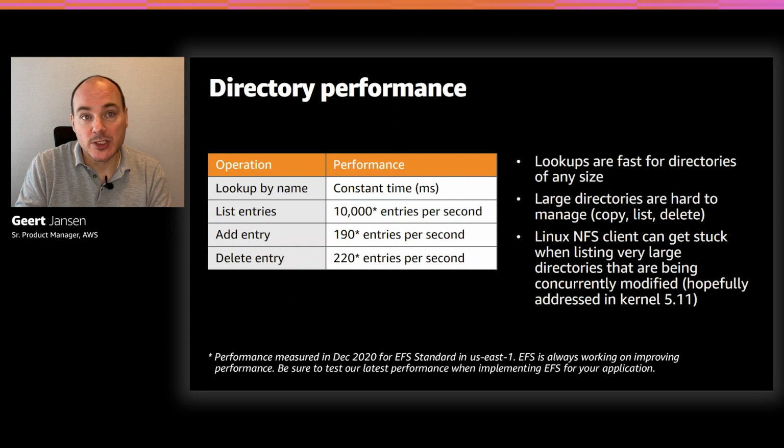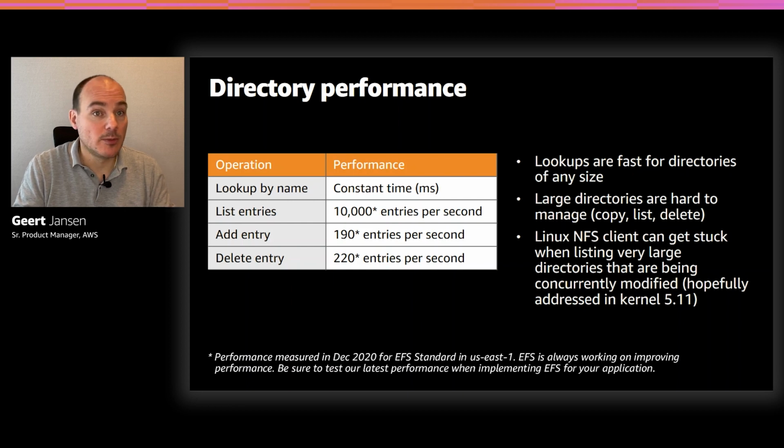However, for the other operations on a directory, so listing a directory, adding entries, and deleting entries, the performance of these operations is a certain number of entries per second, as indicated in the table here. That does mean that once your directories grow larger and larger, they become less manageable, because it might take seconds or minutes, for example, to list the entire contents of the directories.